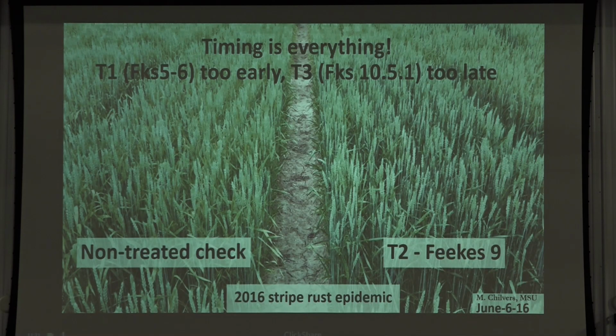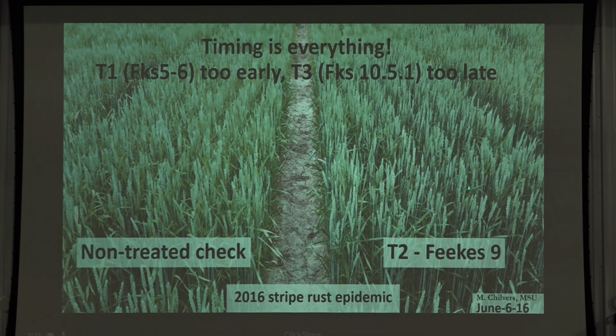And here's a photo from even back in 2016. So we had another stripe rust epidemic back in 2016, if you can remember that. Here's our non-treated check. Here's our plot that we sprayed at that Feeks 9 growth stage, so that full flag leaf out growth stage.